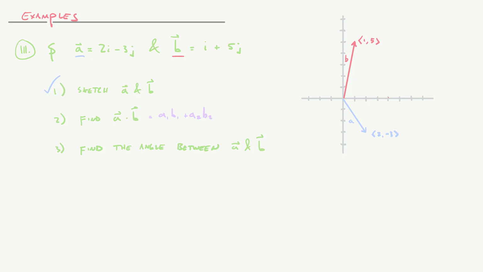A1B1 plus A2B2 is the dot product, just utilizing its components here. So that's 2 times 1 plus negative 3 times 5, which gives us negative 13 as the dot product. And the negative in my mind just tells me, oh, hey, it is possible to get a negative value when you do the dot product. It doesn't really make much sense in terms of how we preliminarily set this whole thing up.